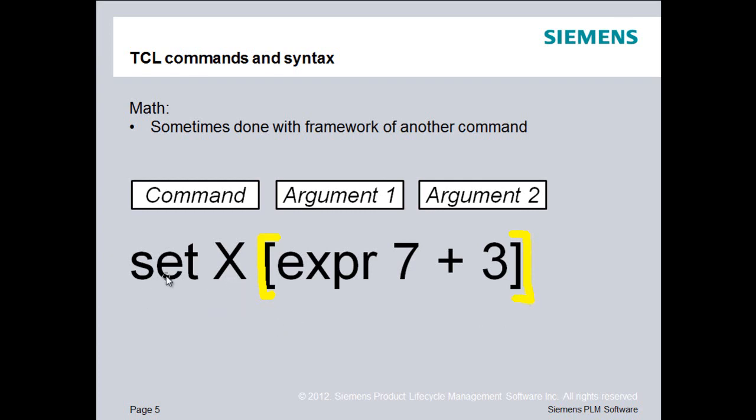So we're saying set this variable called x to this value. Well, what is this value? We need to evaluate this expression first. So EXPR space 7 space plus space 3. So we're setting the variable x to the value of 10. But this calculation is performed first.